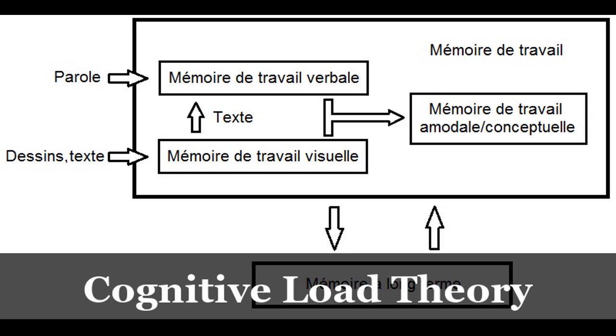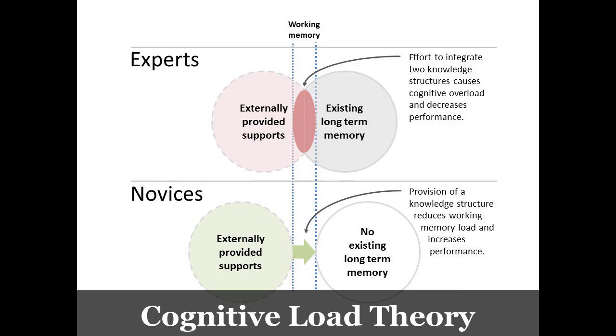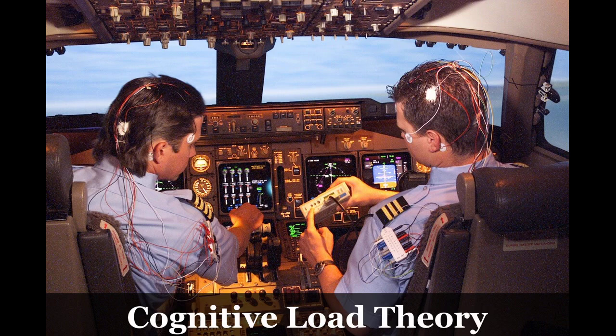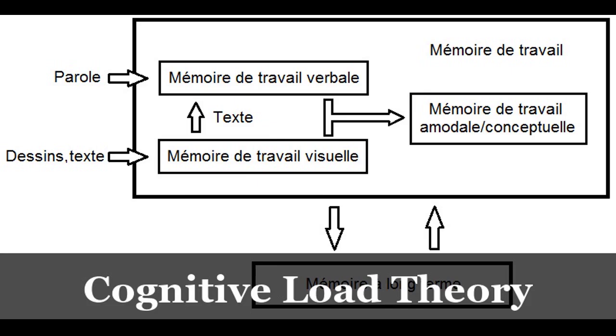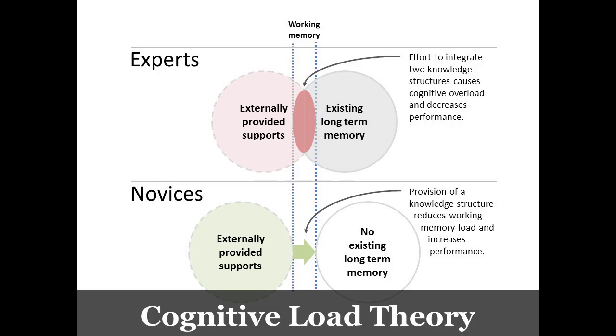This theory has far-reaching implications for education, workplace training, and cognitive therapy, making it a vital concept in modern psychology. As we navigate our increasingly complex world, understanding cognitive load theory can help us mitigate the risks of information overload, reduce stress, and improve overall well-being.